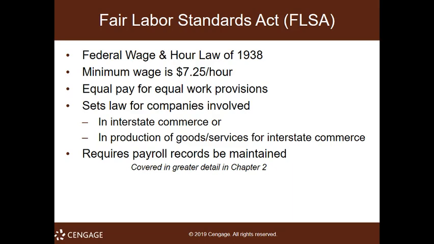If there is both a federal law and a state law in effect, the one that is most favorable to the employee is typically the one that is going to prevail. So if federal minimum wage is $7.25 an hour, but your state minimum wage is, let's say, $10.15, then the $10.15 is the prevailing wage for that state.